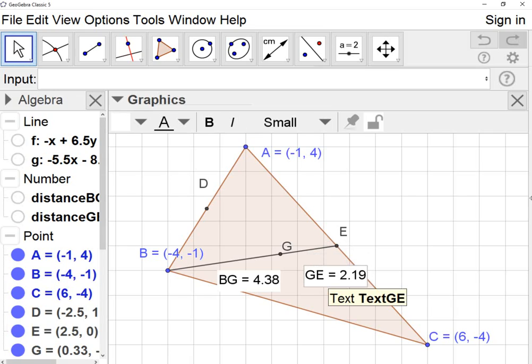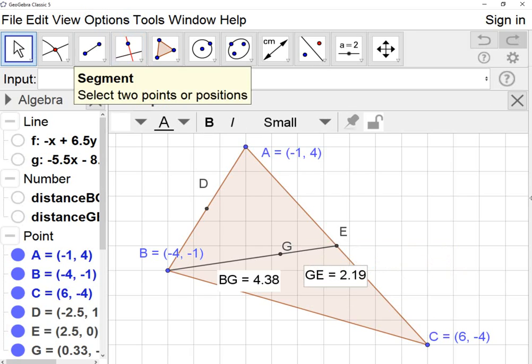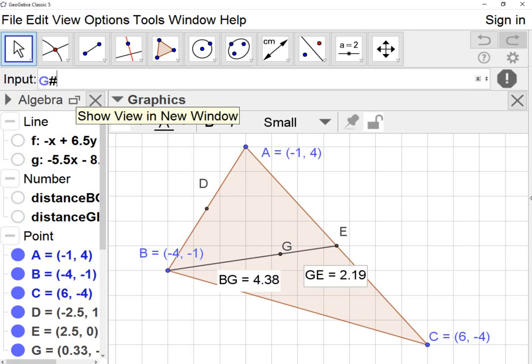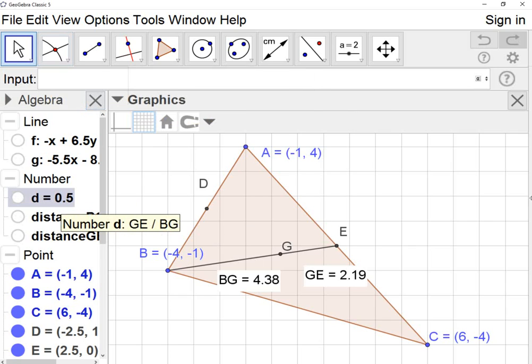How do those two compare? What we're seeing here is, if I take GE, which is 2.19, and divide it by BG, which is 4.38, we see a 1/2 relationship, a 0.5 relationship. This is 1/2 of that. Or if I change the order of division, this one would be twice as big as that one.